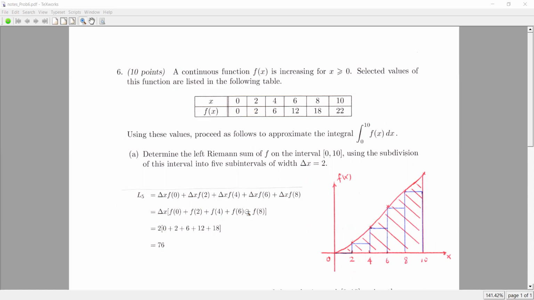So roughly, this integral is 76. From this diagram, the sum of the areas of the 5 rectangles clearly is less than the exact area of the shaded region. So 76 is an underestimate of this integral.